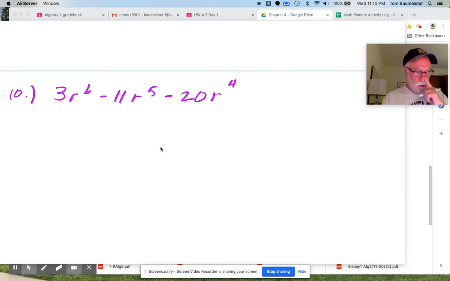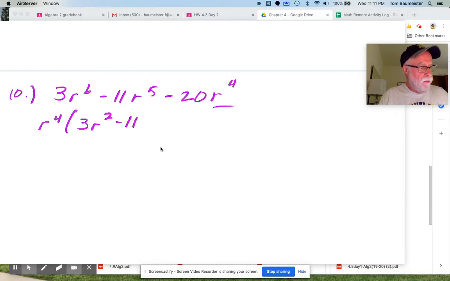Since we have to factor completely, again, what I suggested is you look at the last one there. If it has something, we can pull all of that out and make adjustments. If I factor out an r to the 4th, what I'll be left with is 3r squared minus 11r minus 20.